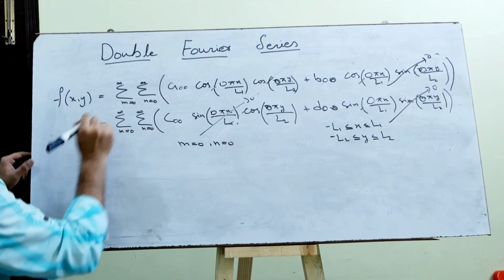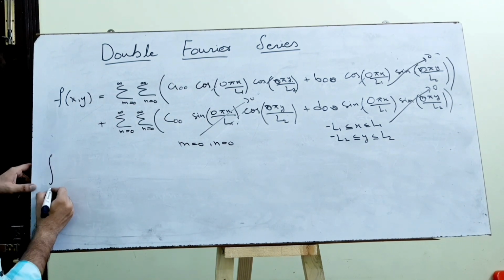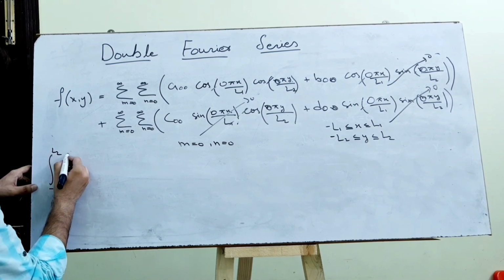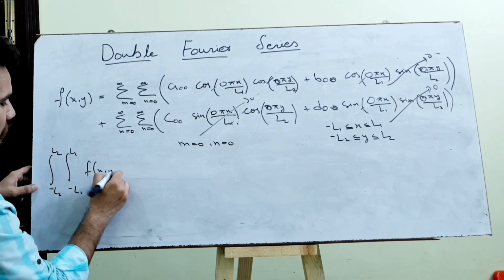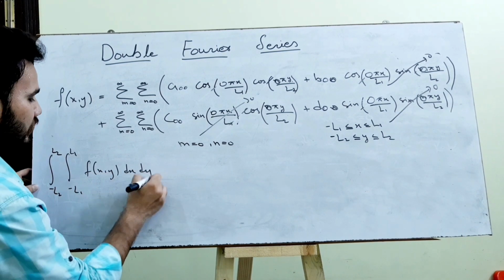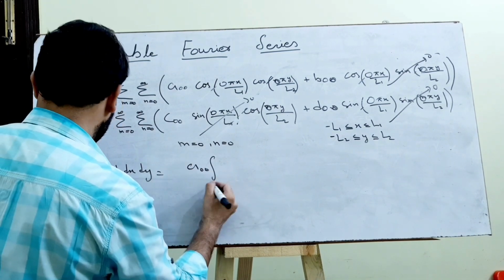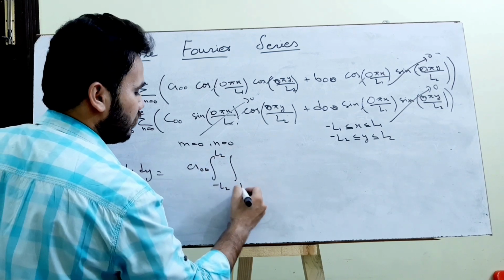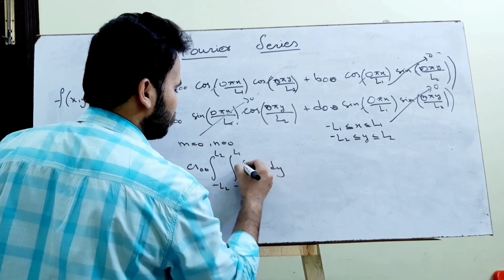I am integrating twice, from negative L2 to positive L2 and negative L1 to positive L1, f of x comma y dx dy, and this equals a00 times the integral over the same limits of dx dy.